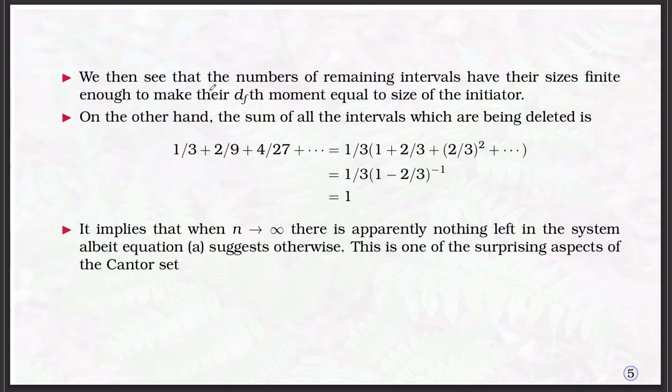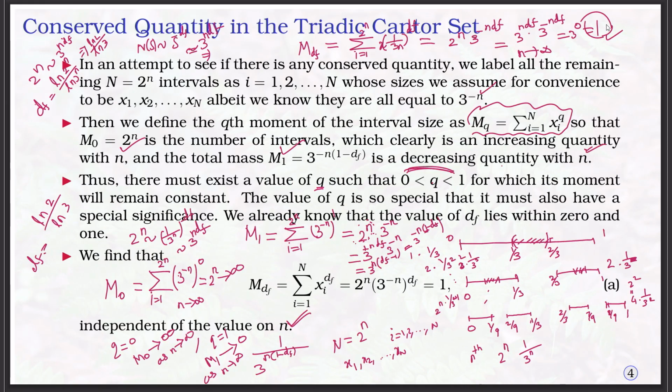Now see that the number of remaining intervals have their sizes finite enough to make their dfth moment equal to the size of the initiator. That means this dfth moment equals 1. Then what is the initiator? We started with the interval 0, 1. So if you are applying the dfth moment, then the total mass we are getting as 1, which is equal to the size of the initiator.